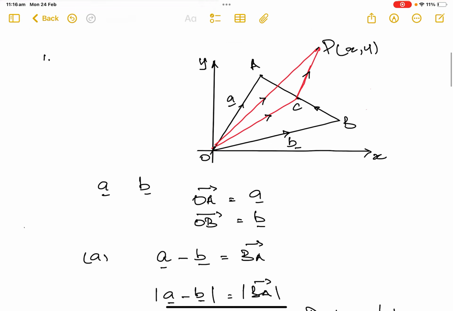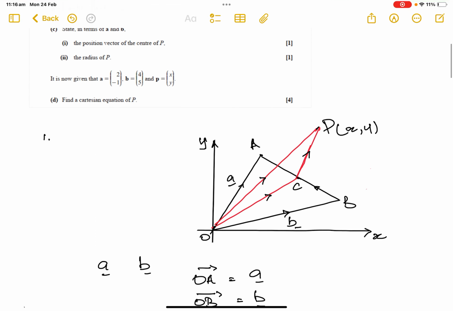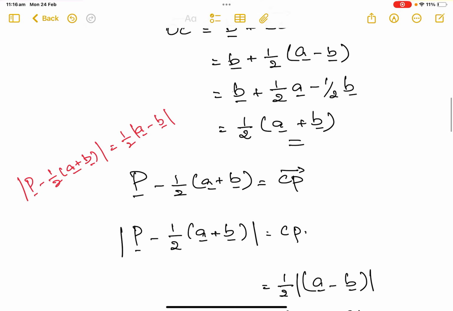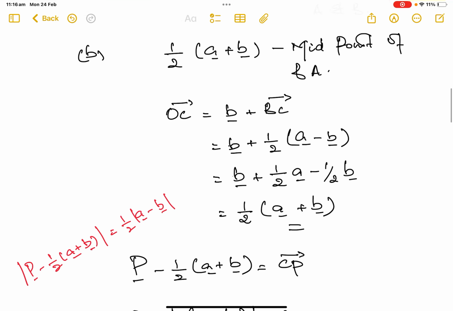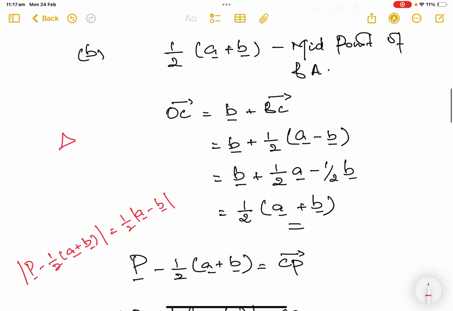We just take the vector triangle OBC. OC equals B plus BC.